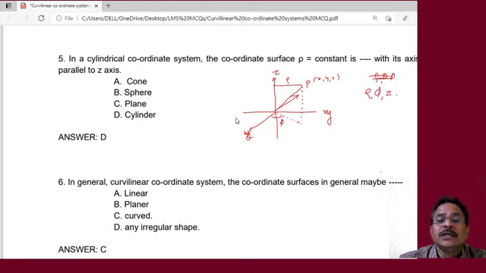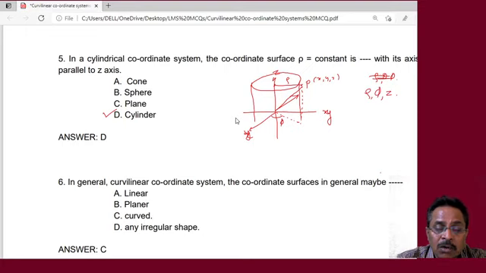So this is z and this is phi and this is rho. So rho is the distance between the z axis and this point P, and if I draw a surface here for rho is equal to constant, I'll get a cylinder as shown by this. So when we draw this, we will get a cylinder as shown by this particular diagram, and therefore for question number 5, D is the correct option.